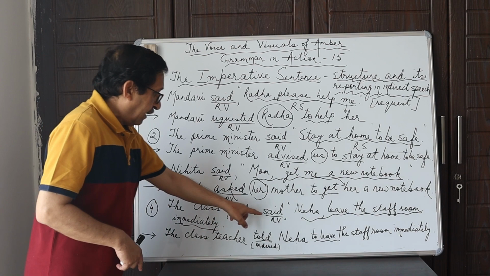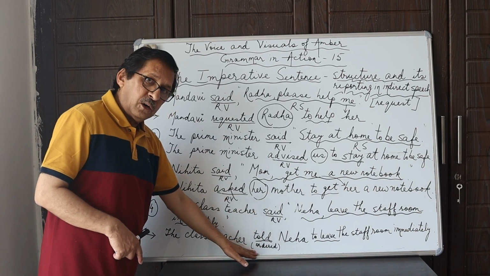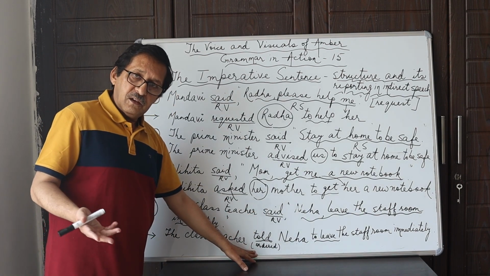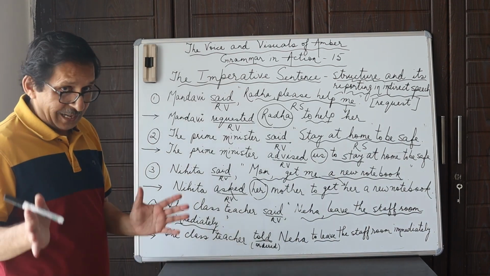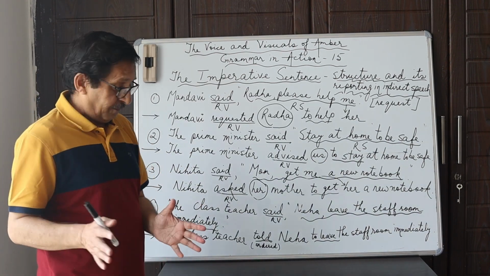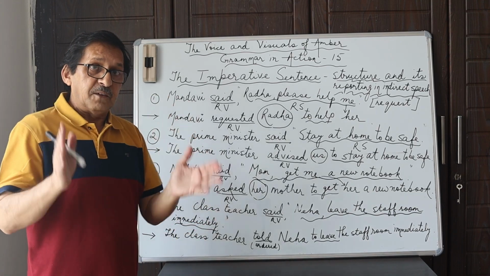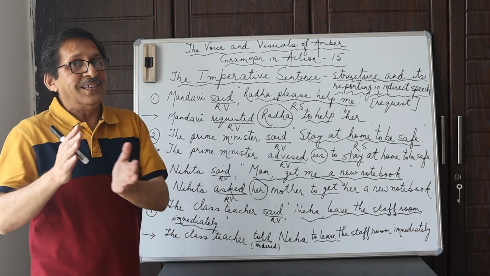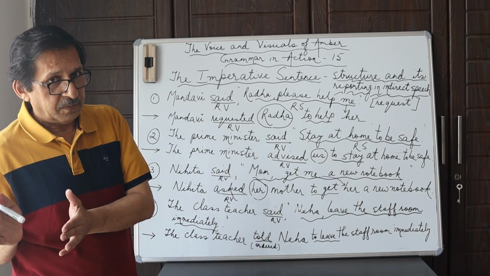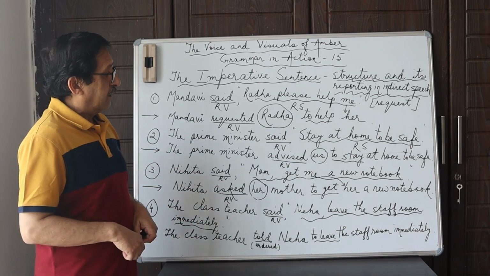And similarly here, "said" became "ordered" or "told," so it does not change. So that would be a big mistake if you make it. That is, never change the tense of the reporting verb in the indirect speech. Right? So that is all for today.